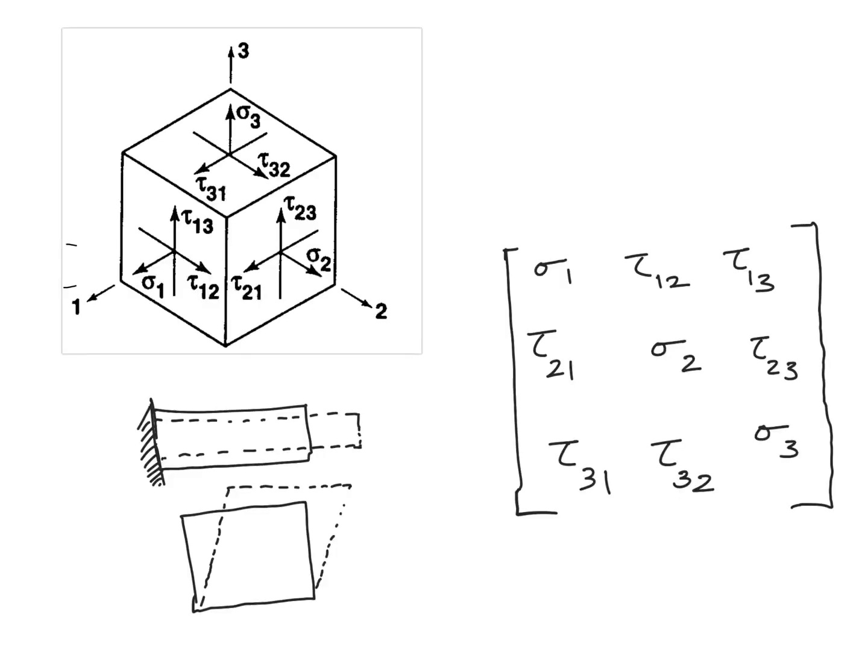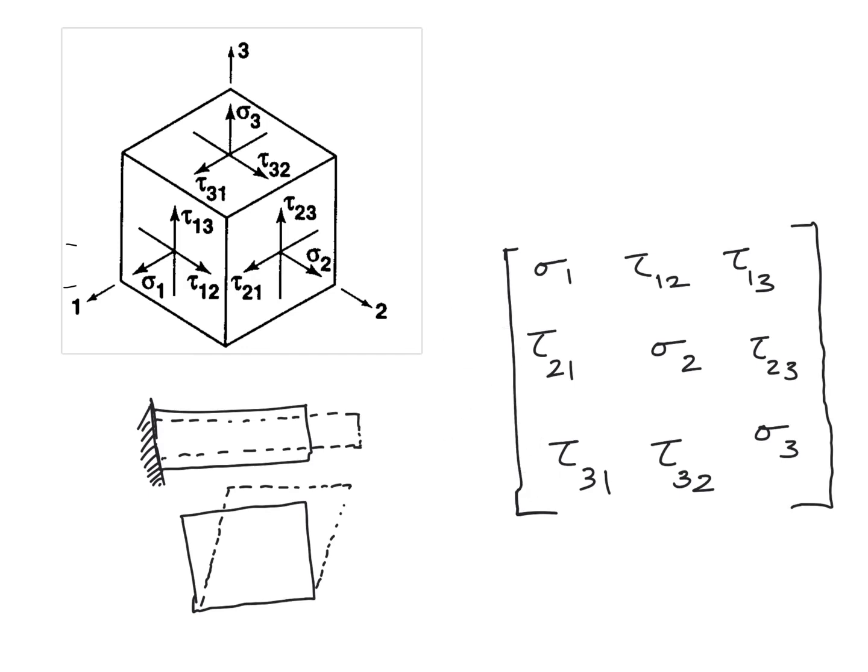Before we start talking about the engineering constants, let me briefly talk about the general stress state in a three-dimensional object. This won't be a very elaborate discussion, we will keep things pretty brief. The general stress state in 3D can be denoted as shown here.